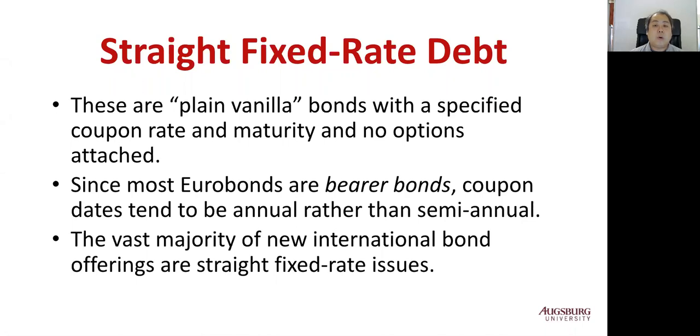Annual coupon is more convenient and less costly because the bondholders are scattered geographically. So they usually pay an annual coupon.